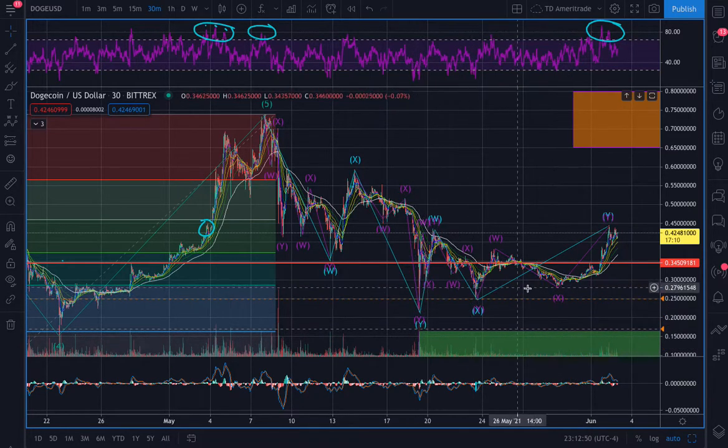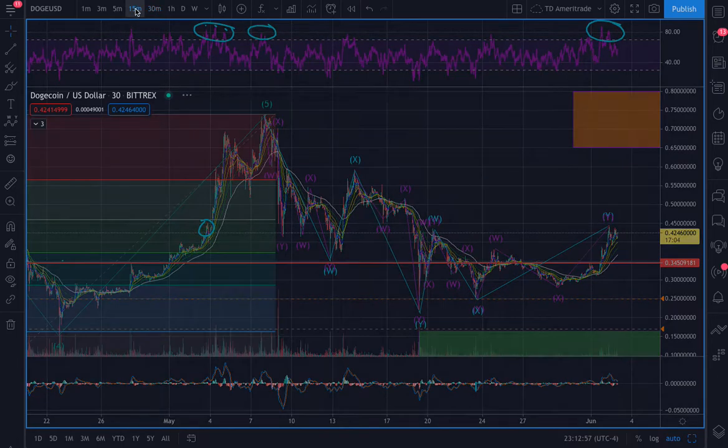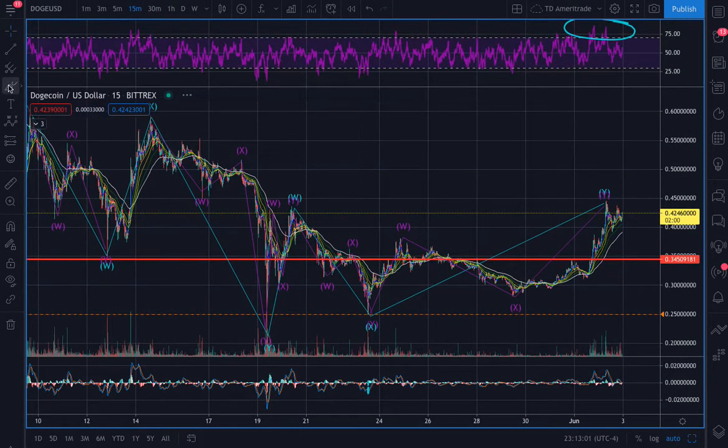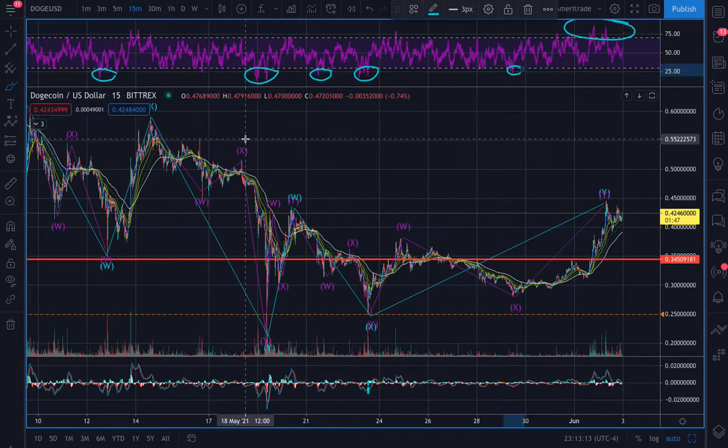And I was buying the little dips in the RSI, which if you zoom in, when it goes down below here, those are potential buy signals, and then up here would be sell signals.